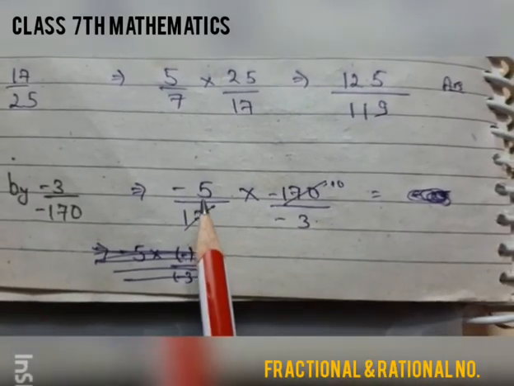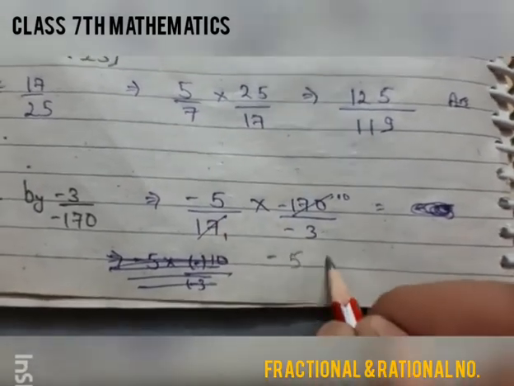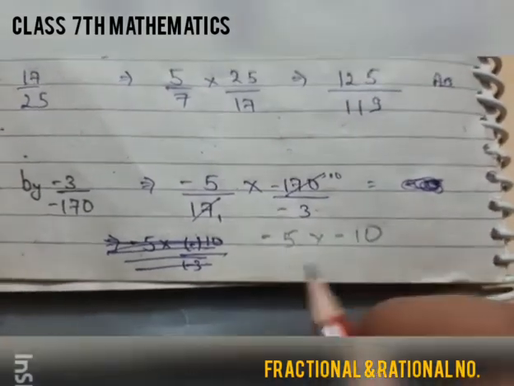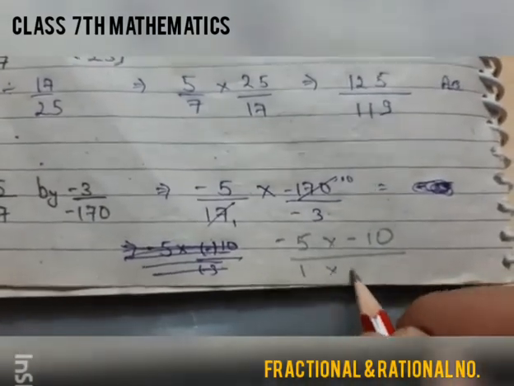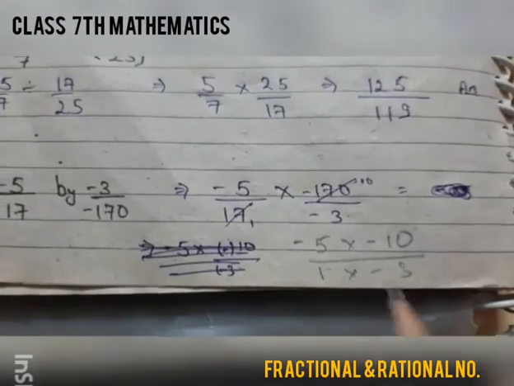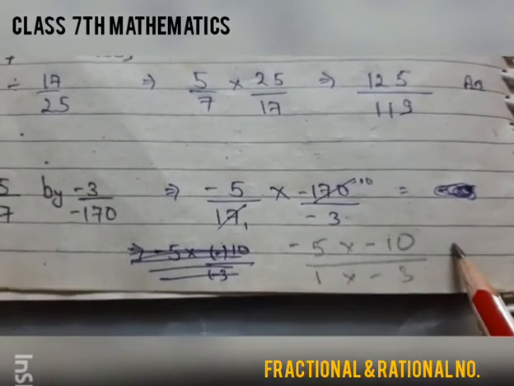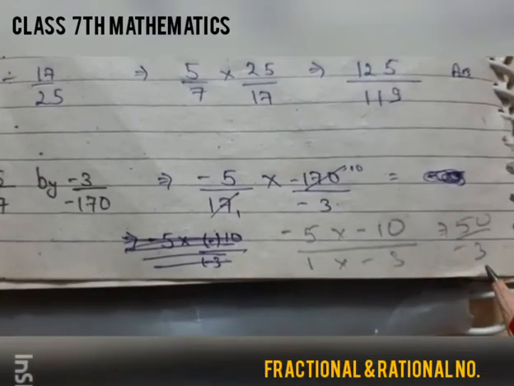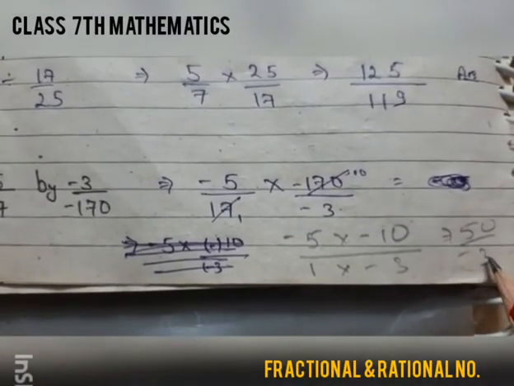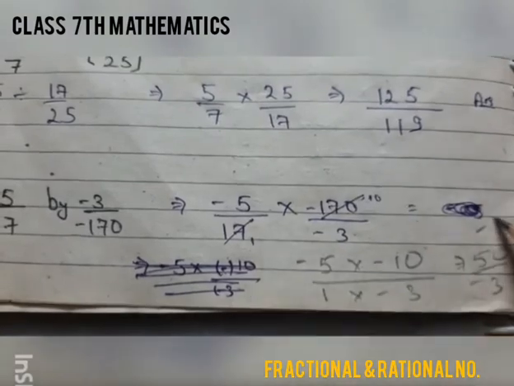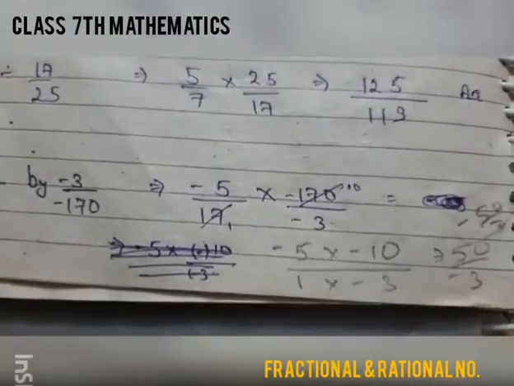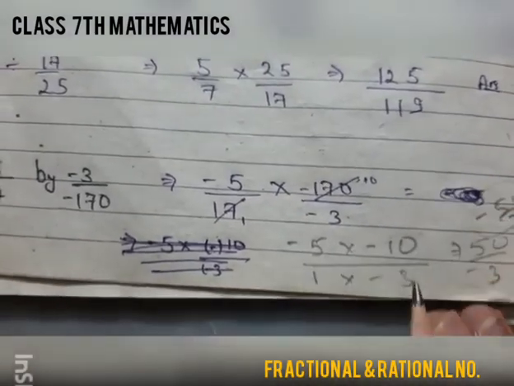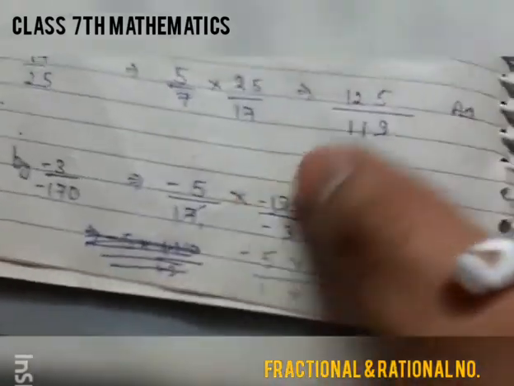That means minus 5, you will write here minus 5 into minus 10 upon 1 into minus 3. Now minus into minus is plus, that is 50 upon minus 3. Now we know that the denominator cannot be a negative value, so we can also write minus 50 upon 3. This will be your final answer. Or after writing this, you can solve like this.